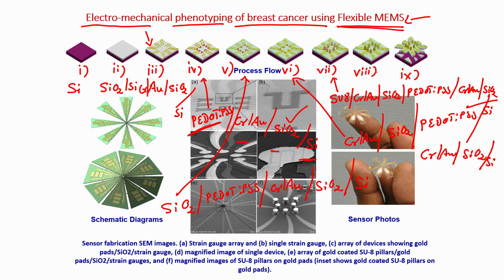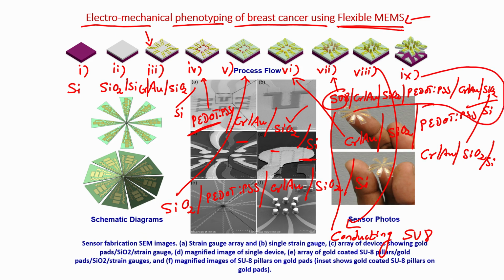Eighth step would be, we make this SU8 conducting. So, SU8 conducting on chrome gold on silicon dioxide on PEDOT:PSS on chrome gold on silicon dioxide on silicon, right.